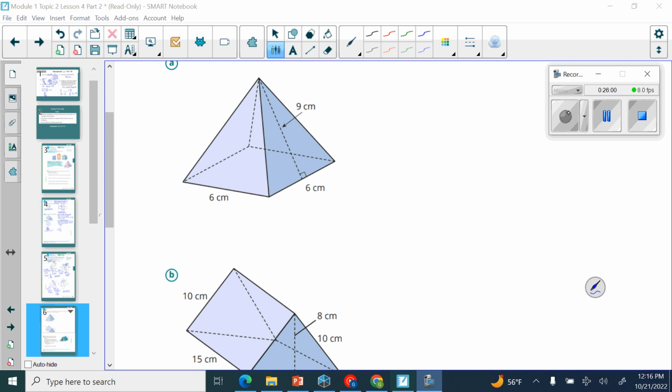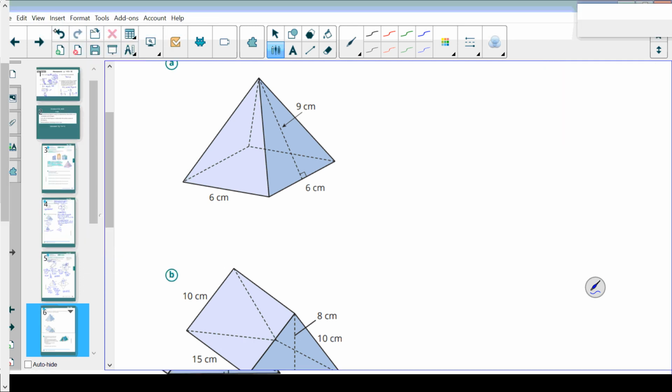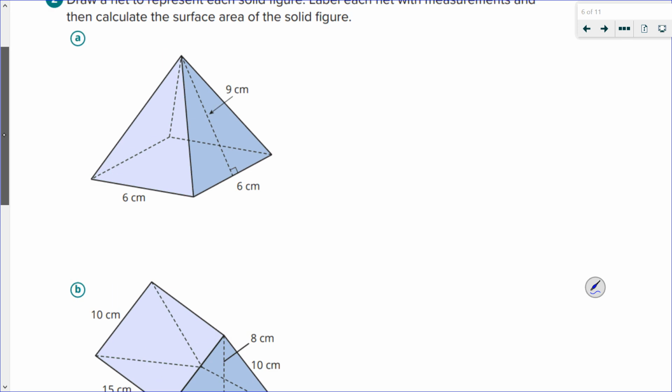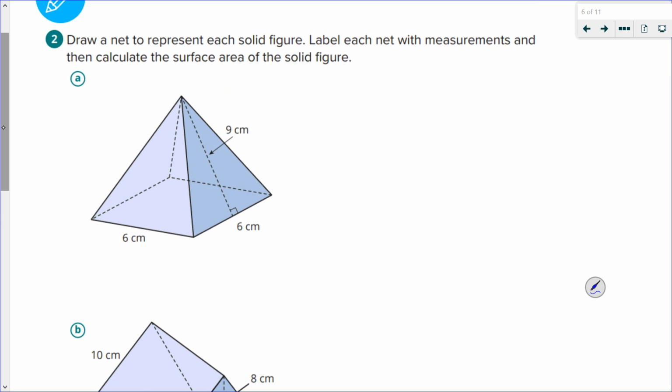Okay, I'm going to go through these relatively quickly because we should be just checking our answers. Remember our first step was identifying our shape. So what shape do I have for 2A? Square pyramid. Once I've identified the shape, that should make drawing the net very easy.